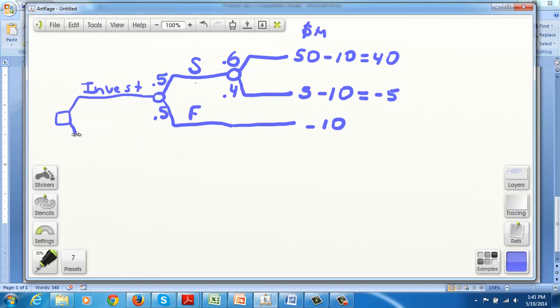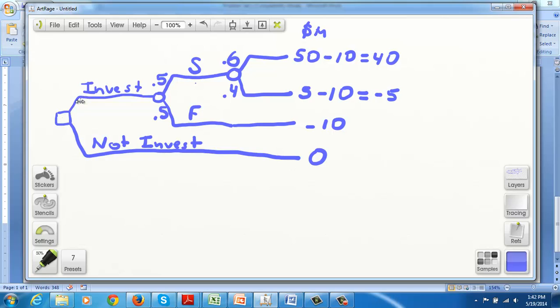All right, then the other alternative is the not invest branch. In this case, you're not investing, so it's the do nothing, so it's 0. So this is our decision tree.